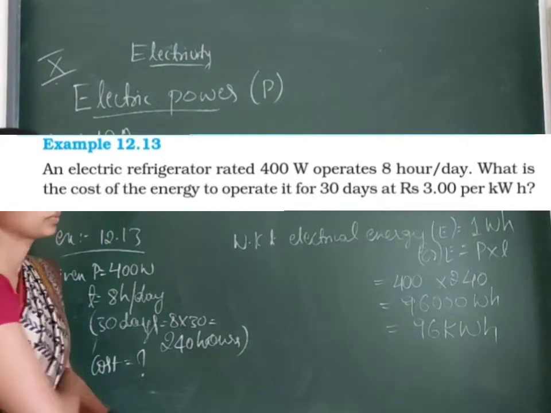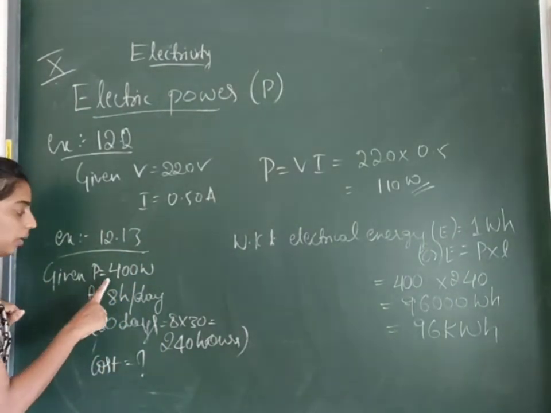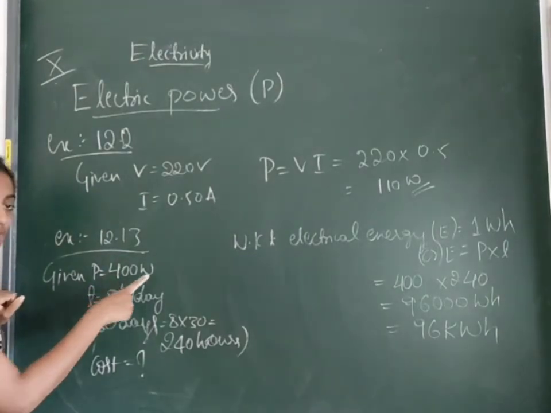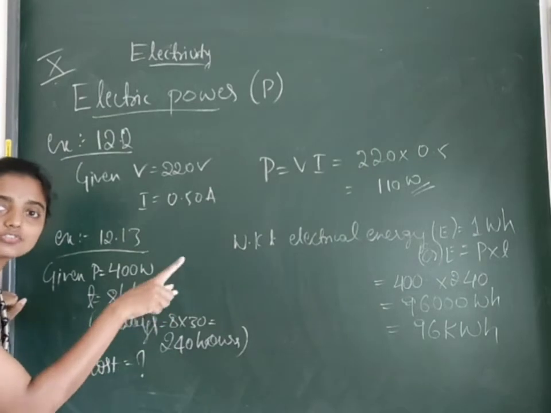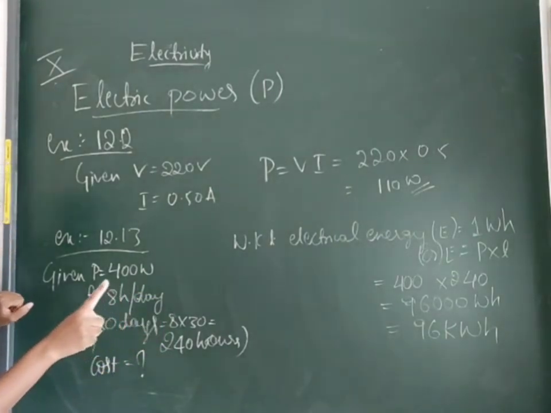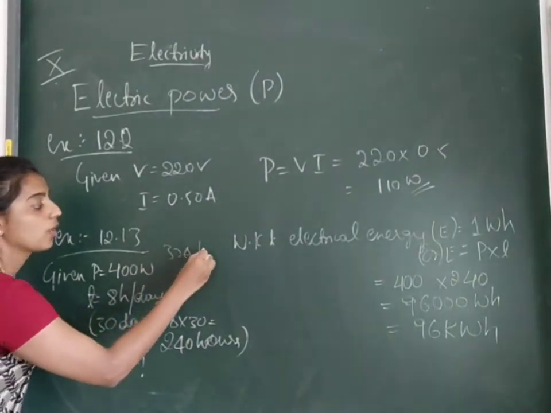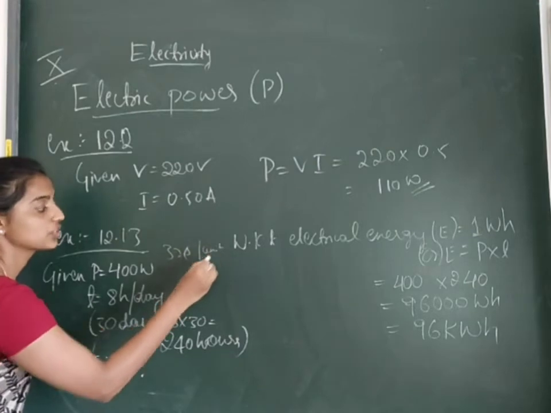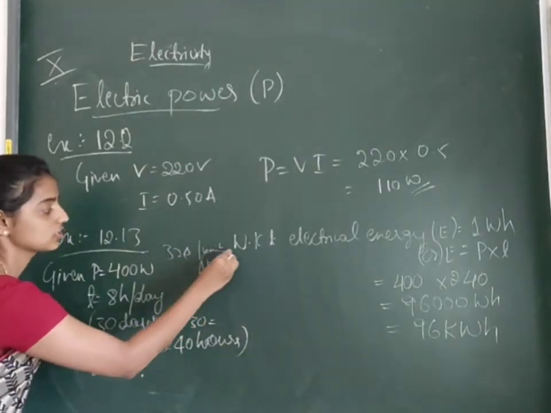So coming back to the question, see here they have given example 12.13, power 400 watt of a refrigerator, works 8 hours per day, and we need to calculate the cost for 30 days. They have given the value 3 rupees for 1 unit, that is 1 commercial unit, 1 kilowatt hour. Clear? This we just need to recall.